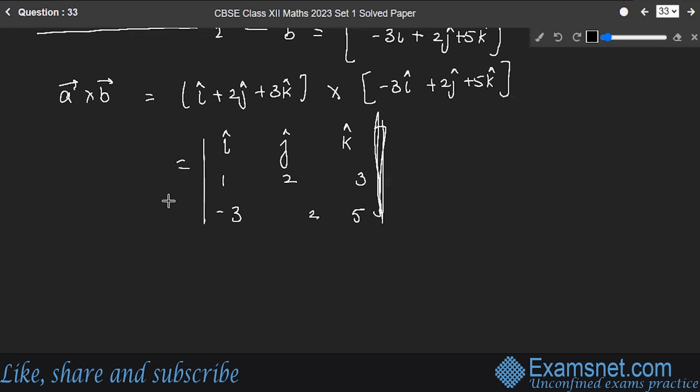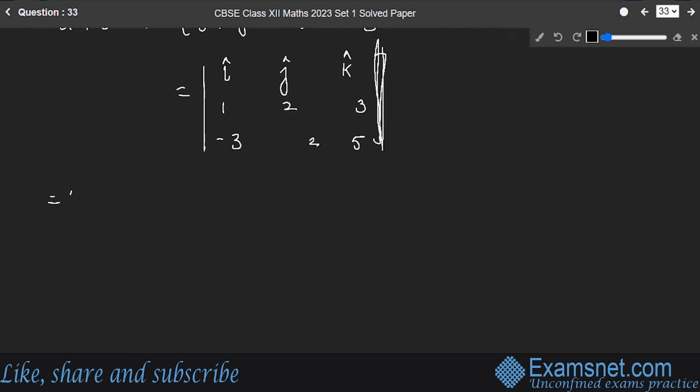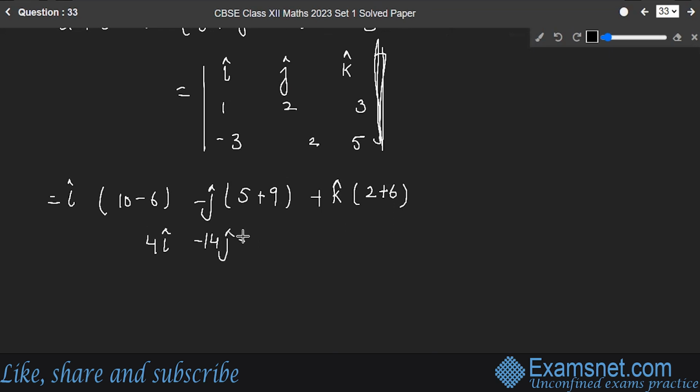Okay, so that is equal to i(10 minus 6) minus j(5 plus 9) plus k(2 plus 6). So that is equal to 4i minus 14j plus 8k. Right, that is equal to say the A vector.